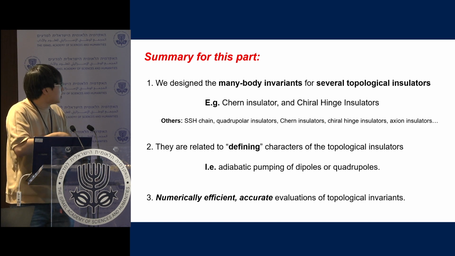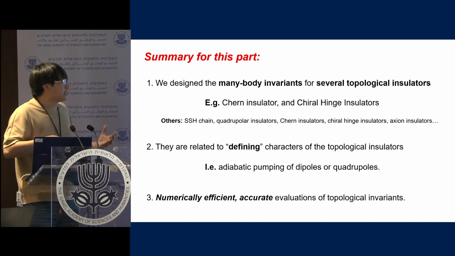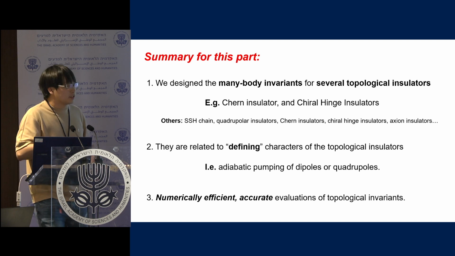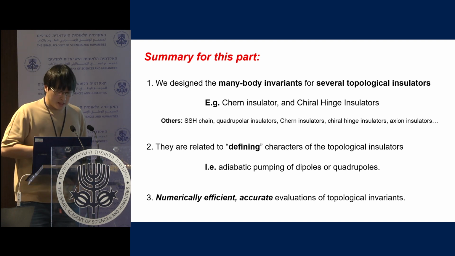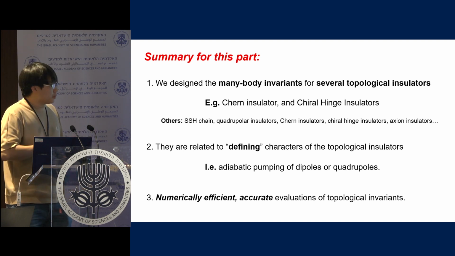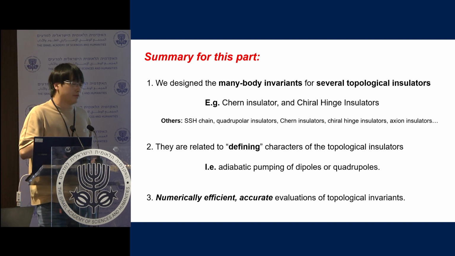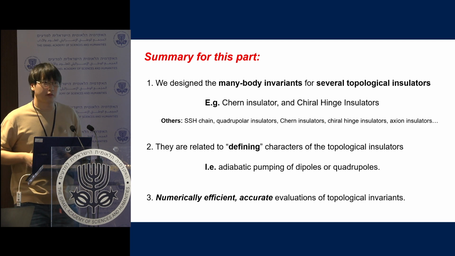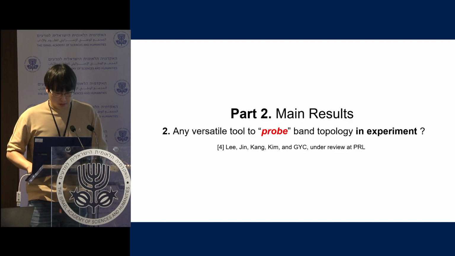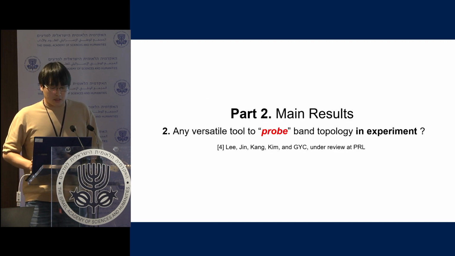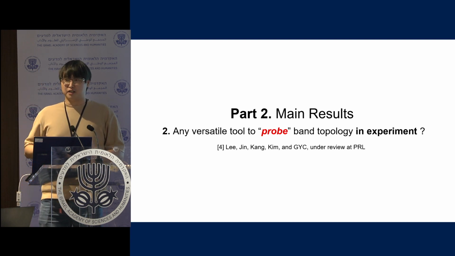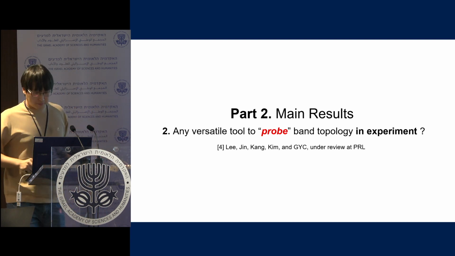And they are related to the defining characters of the topological insulators, like the adiabatic pumping of something. And I didn't emphasize much, but this provides a numerically efficient, accurate evaluation of the topological invariants for interacting systems. So with that, let me jump to the experimentalist part.